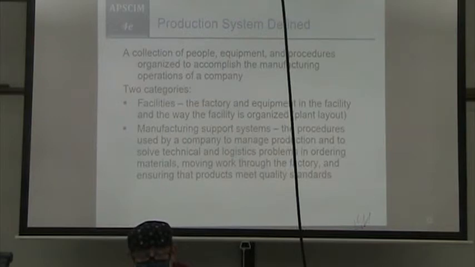The other is manufacturing support systems, the procedures used by a company to manage production and to solve technical and logistic problems in ordering materials, moving work through the factory, and ensuring that products meet quality standards. Okay, so that seems pretty straightforward.